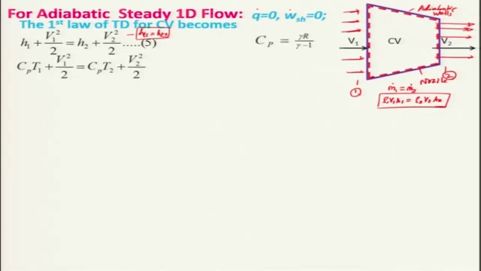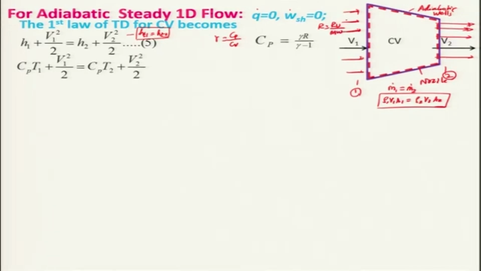And we know that for an ideal gas, Cp is equal to gamma R divided by gamma minus 1, and gamma we know is nothing but Cp by Cv. Cp is the specific heat at constant pressure, Cv is the specific heat at constant volume, and R is your specific gas constant. R is nothing but your Ru divided by molecular weight.